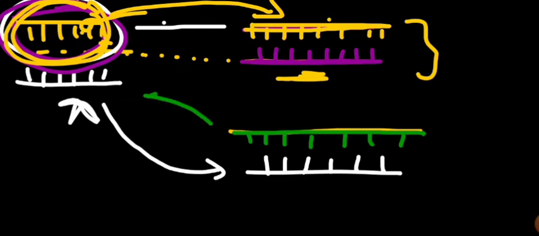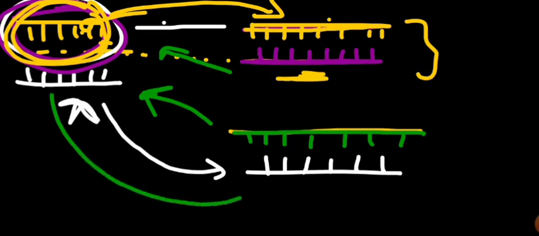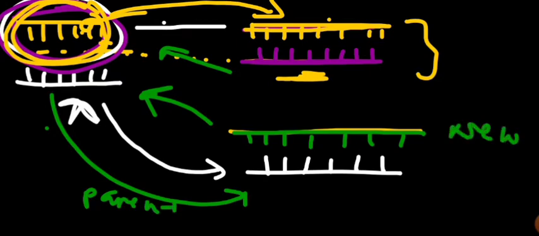So this is a copy of this, and then this is a copy of that. So let us say this is a parent strand, and then this is a new strand, and even this one, new strand. This one, parent strand, because it's from the parent DNA. This one from the parent DNA.